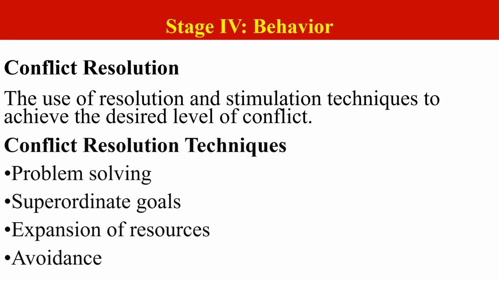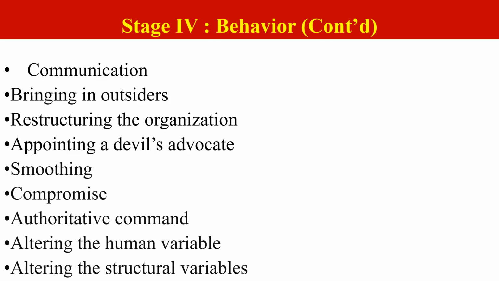Expansion of resources, it is self-evident, and avoidance of harmful and otherwise undesirable activities. Individuals and groups within the organization also behave for conflict resolution through communication, bringing in outsiders for presenting a fresh point of view, restructuring the organization by removing the roadblocks, and appointing a devil's advocate.